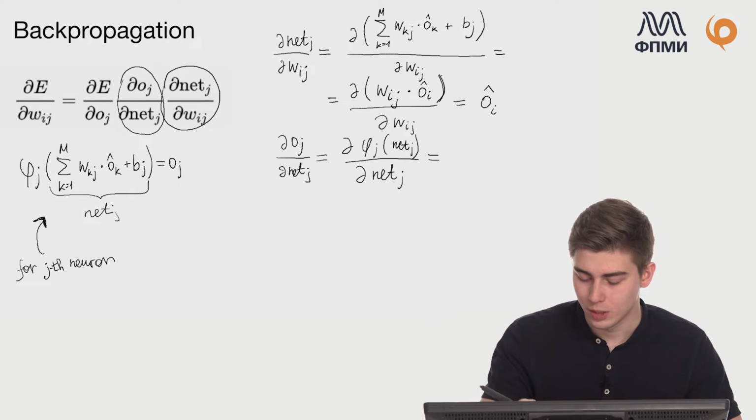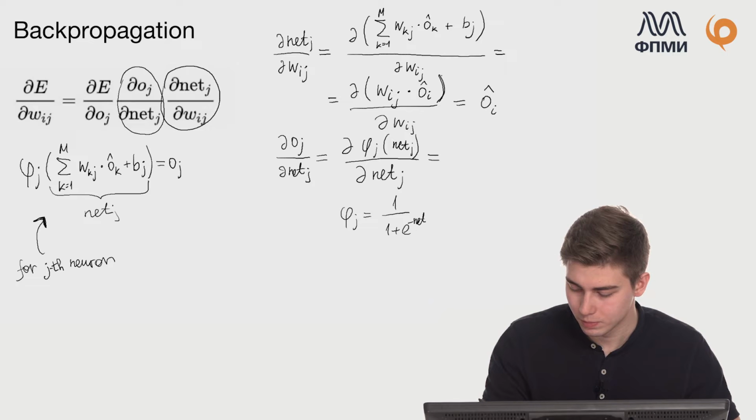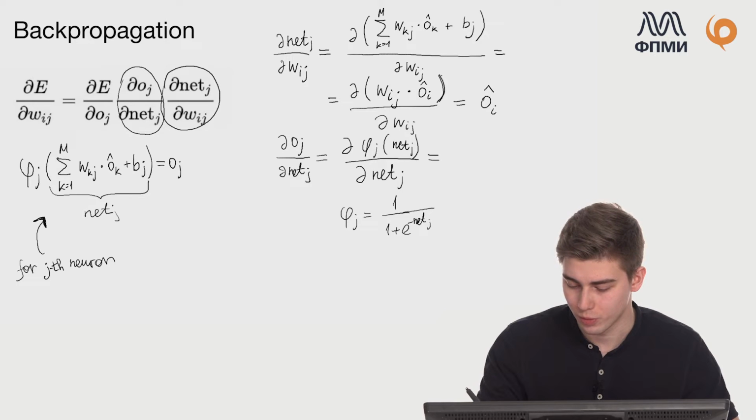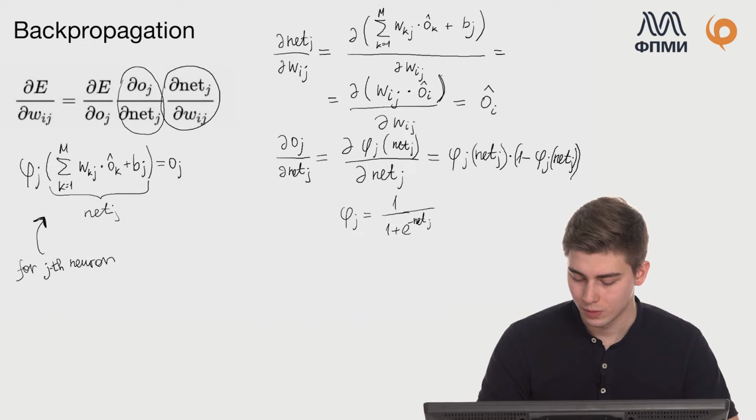And here, if phi j, for example, is the sigmoid function, we have the formula for its derivative with respect to its argument, and here it would be phi j applied to net j multiplied by 1 minus phi j applied to net j. And this is the expression for this term.